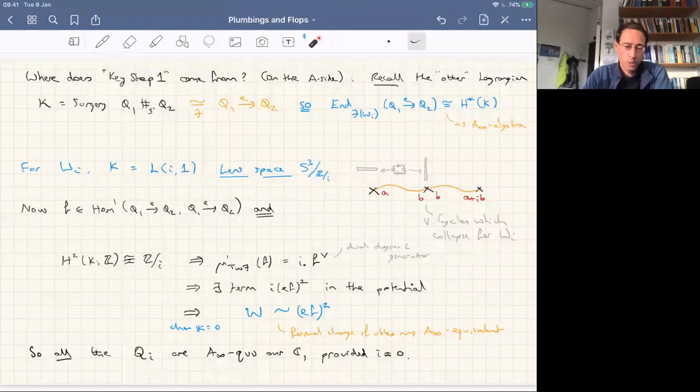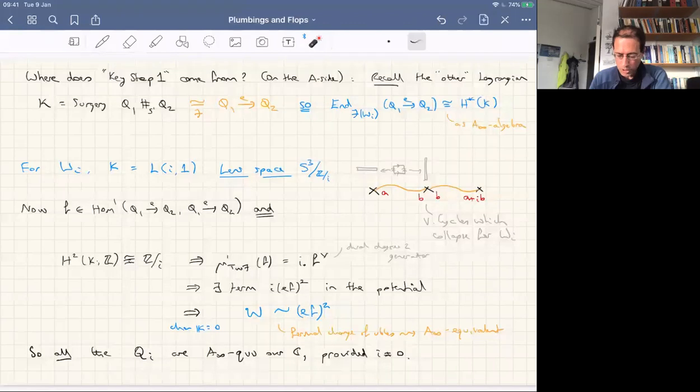Okay, so the fact that H2 of the lens space integrally is Z mod I exactly turns out to mean that, in twisted complexes over the Fukaya category, some particular differential is non-zero. And if you unwind that, it's exactly saying that there's necessarily a quartic term in the potential. In characteristic 0, this coefficient is not interesting.